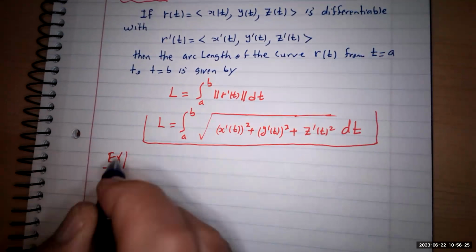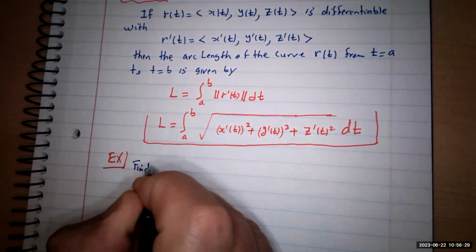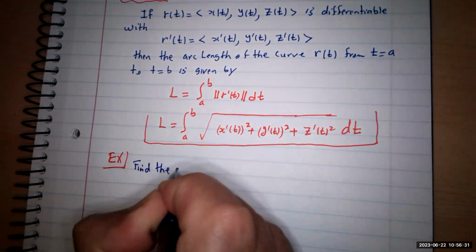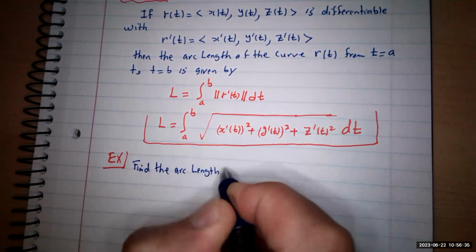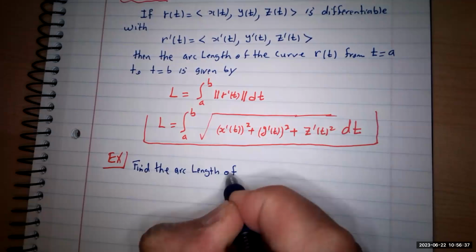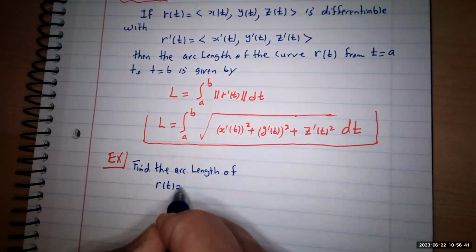So we want to find the arc length. We're not going to do much about it for the time being. Find the arc length of this function, r of t equal to cosine of 3t, sine of 3t, and 3t, between 0 and 2 pi.